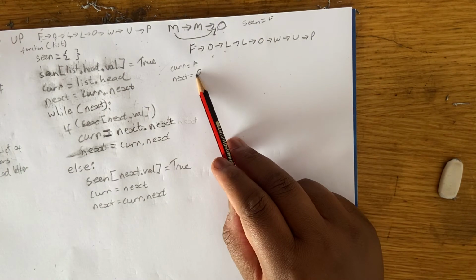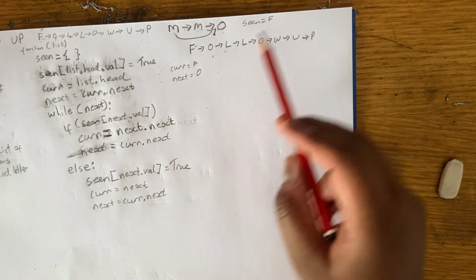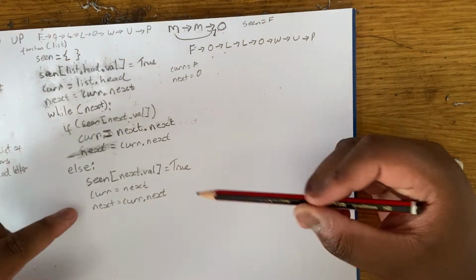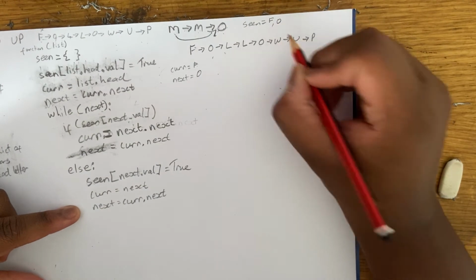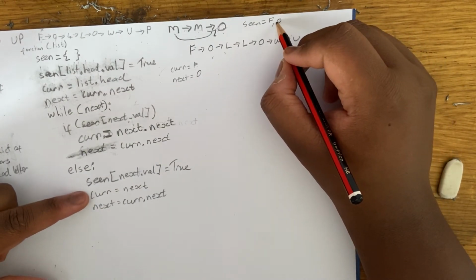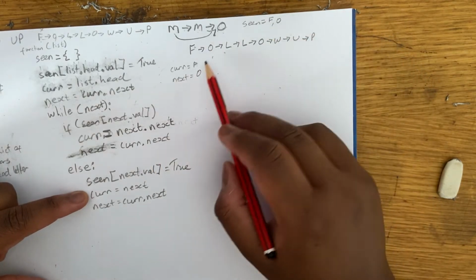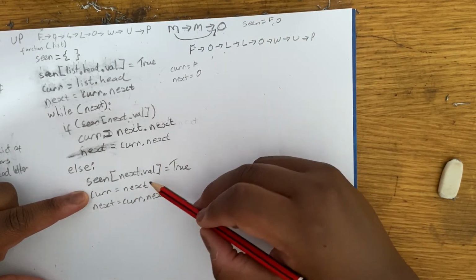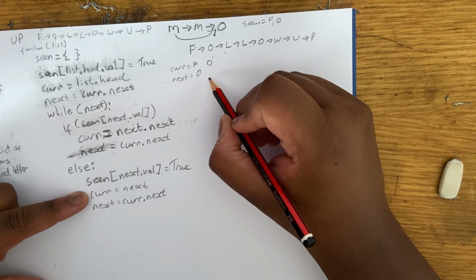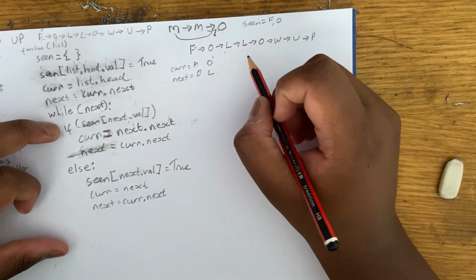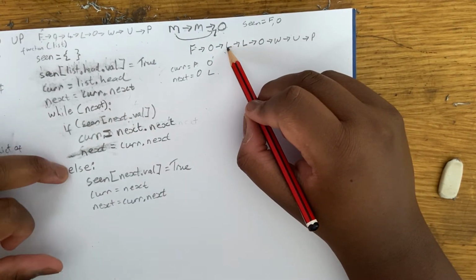Okay, so have we seen an O? No. So that means we add O here. And then our current is next, which is O, and then that'll be L. So we start this, and then we're in L. Have we seen it?